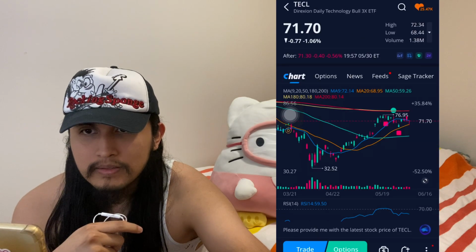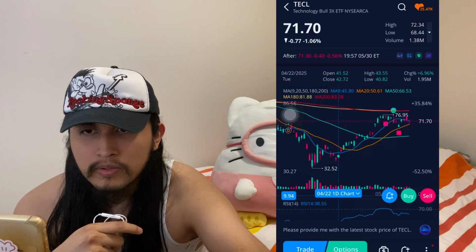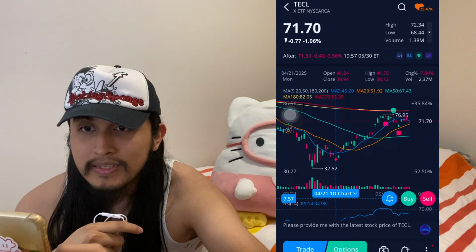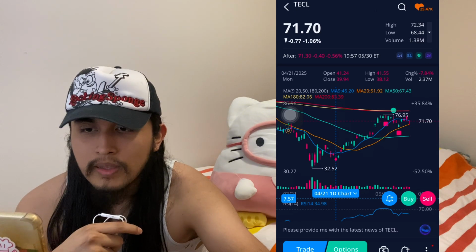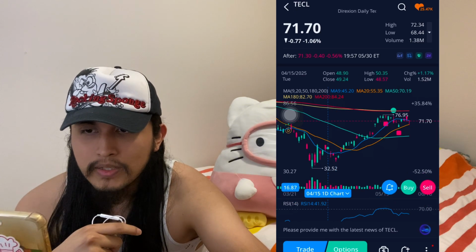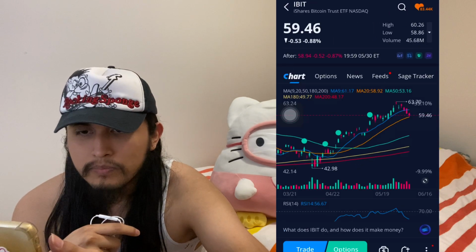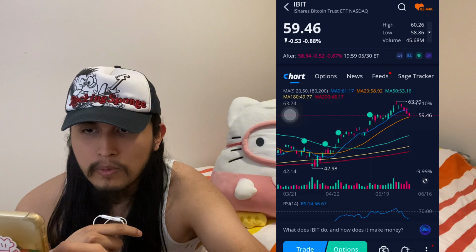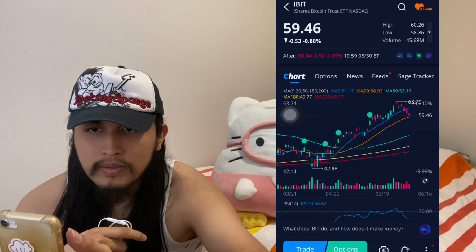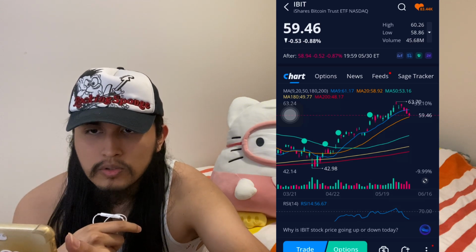And then look at this other ETF called TECL. At one point it was in the 30 range and now it's in the 70 range. Another Bitcoin ETF was in the 42 range, now it's in the 50 range.